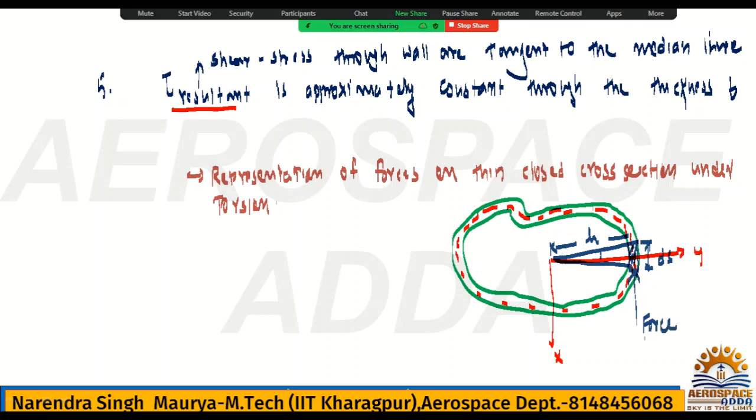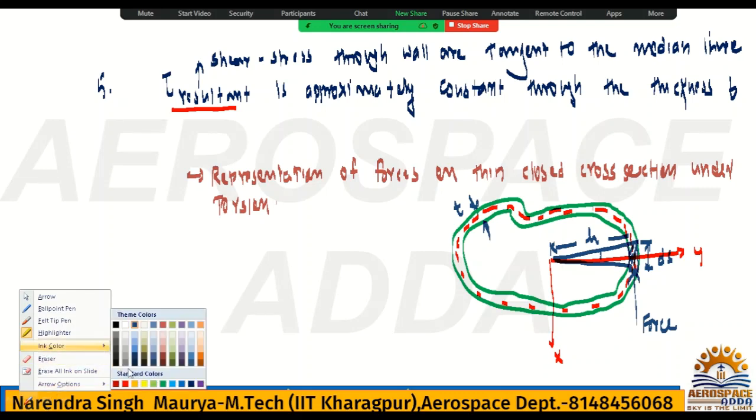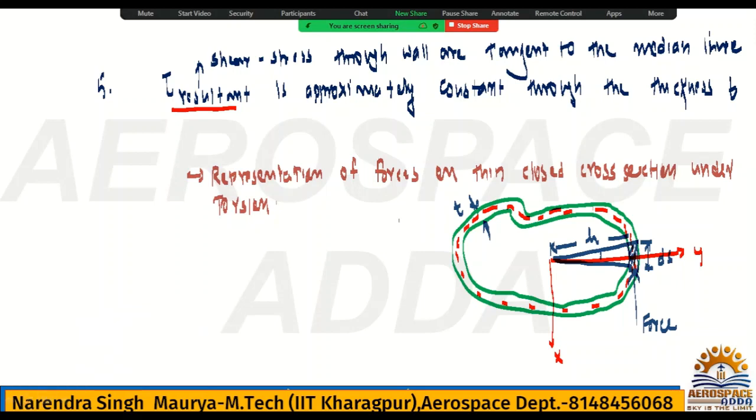Here you know the thickness is t, and because of the shear force, definitely you may have torque. So the torque is acting like this, okay.